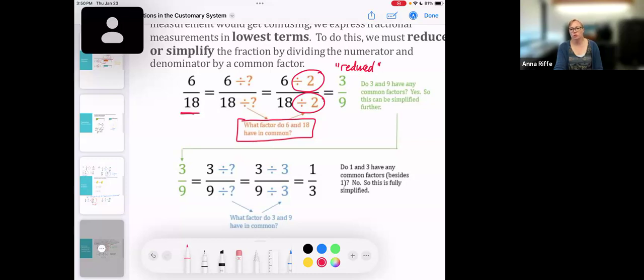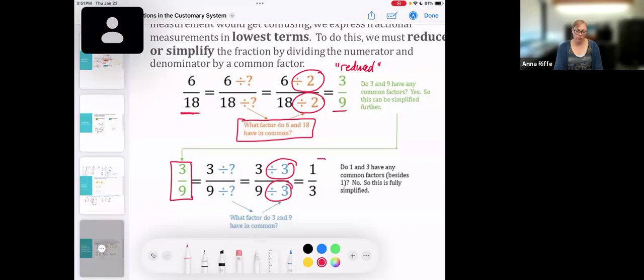I do want to examine my reduced fraction, however, and ask, do the numerator and the denominator have any common factors? Have I reduced completely? In this case, 3 and 9, again, have common factors. So I am going to choose to take that 3/9 and divide the top and the bottom by 3. So I can do that process again. 3 divided by 3 is 1. 9 divided by 3 is 3.